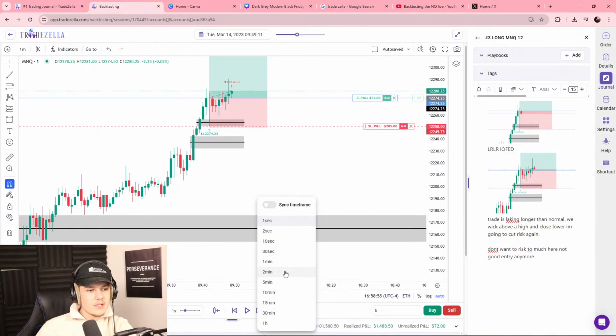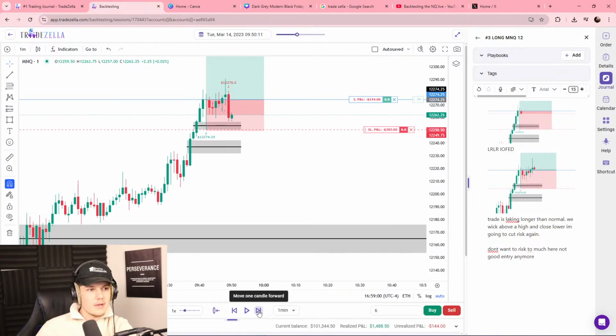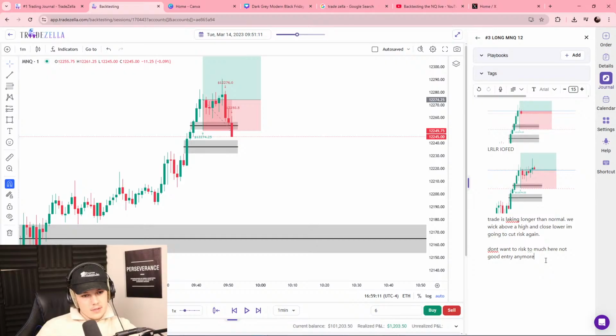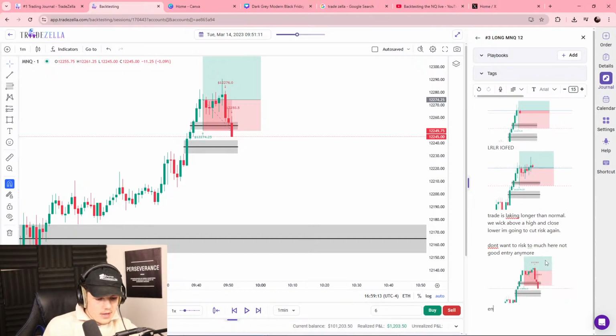Now I could still win this trade. It's up to the 1 minute. But because I had that reaction, boom, I saved myself from half of my loss. Ended up losing, but saved myself from half of my loss from adapting to market conditions.